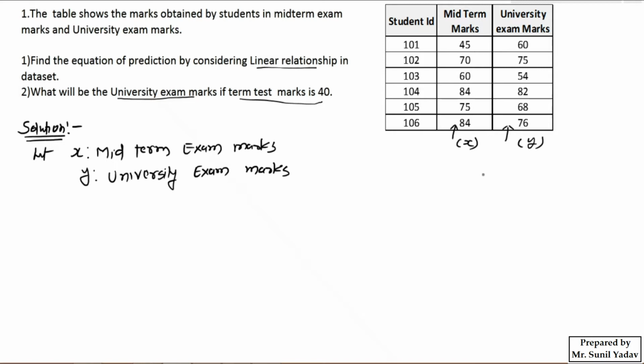if we have two variables, the final format of the equation of prediction will be Y equal to alpha plus beta into X. We have to frame this equation, but to do so we need the values of alpha and beta, which are constant parameters that can be estimated with the help of a statistical approach.